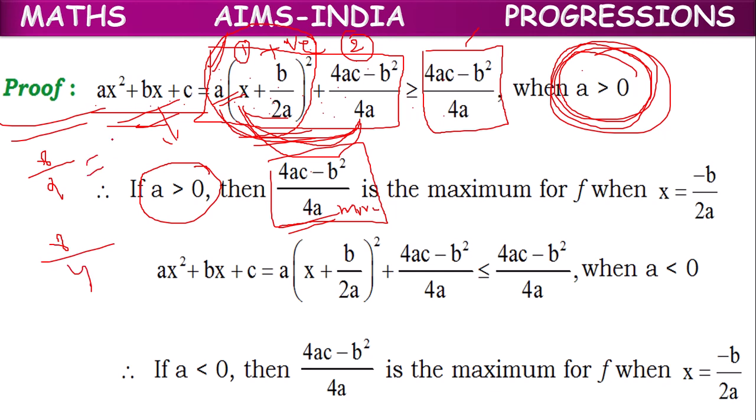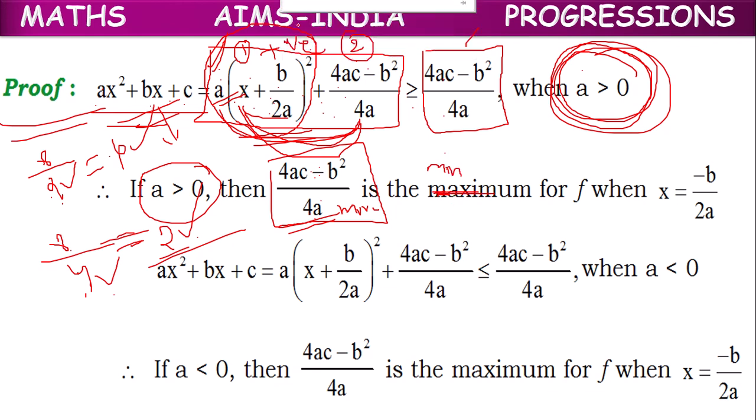What is the 8 by 2 value? 2 fours are 8, so it is 4. What is the 8 by 4 value? 2. Dividing with the smaller number, the value is 4. Dividing with the bigger number, the value is less. So in a fraction, when the numerator is divided by a bigger number, the value will be minimum. It's not maximum, children. The value will be minimum.